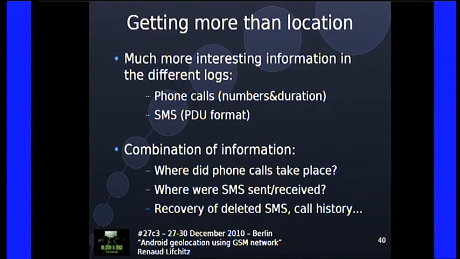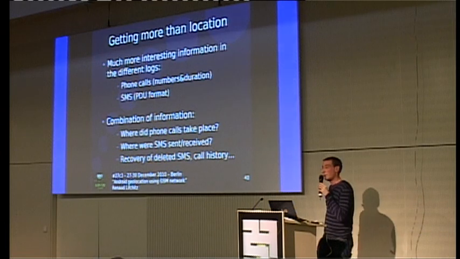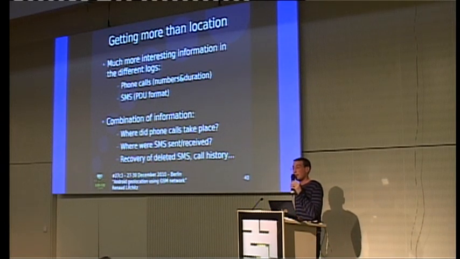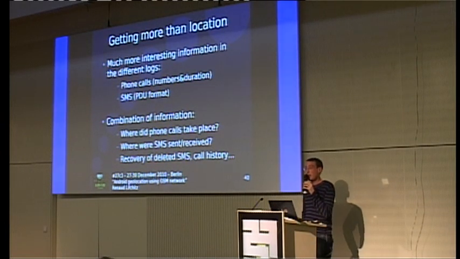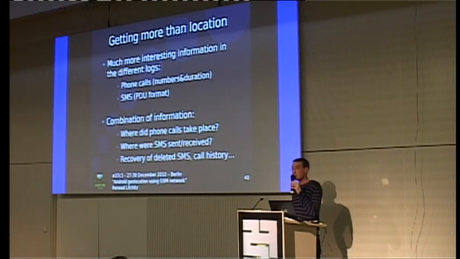But we can do more than geolocate users. There is much more interesting information in the different logs, because here we have seen what was in the radio logs, but you actually have other information you can find in radio logs or in other logs. You have all phone calls, numbers and duration of phone calls, and you have even all SMS messages. All contents of SMS are in the logs.